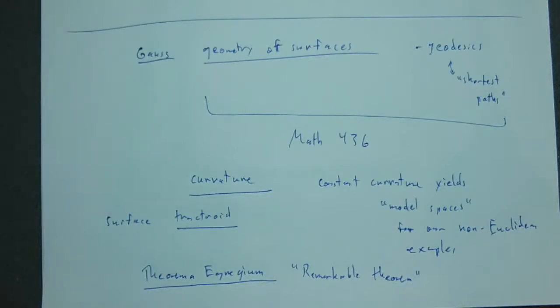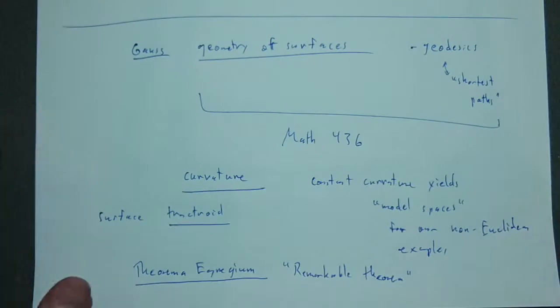So they viewed spherical geometry as a weird thing sitting inside Euclidean space, somehow inherently Euclidean, even though its geometry was definitely not. But the remarkable theorem says it doesn't actually matter how the thing sits inside Euclidean space.